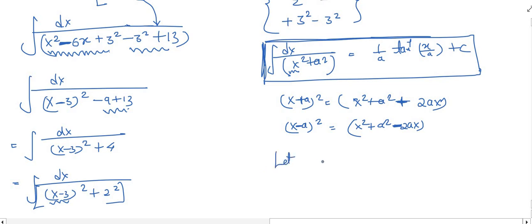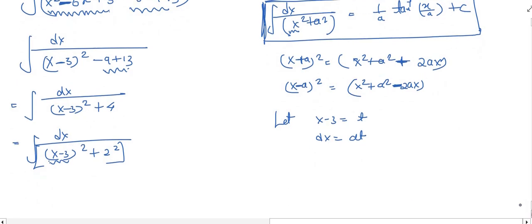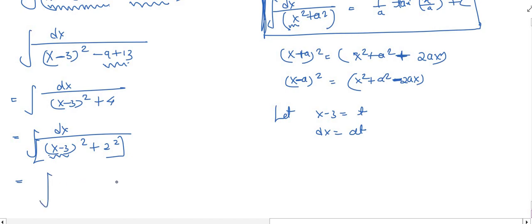If you want, you can write down, let x minus 3 is t. So can I write dx is dt? Correct? So what my question will become now? This assumption I have taken. So dx became dt and this became t square plus 2 square. Correct?